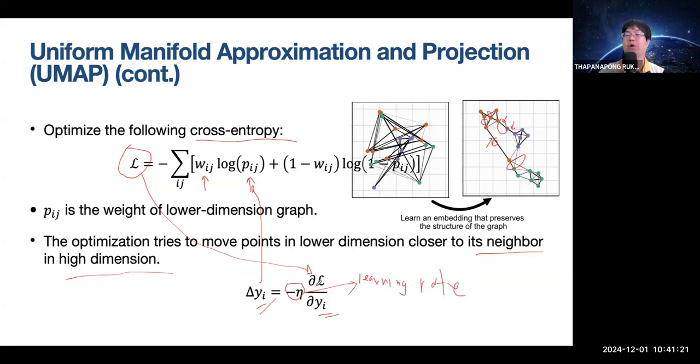So you find the gradient with respect to yi, multiply by the learning rate, and then add it to your solution. The solution will slowly move the point so that it's closer to the neighbor, because it was closer in the original dimension. So when you map into the lower dimension, it should still be closer. So that is how UMAP performs.